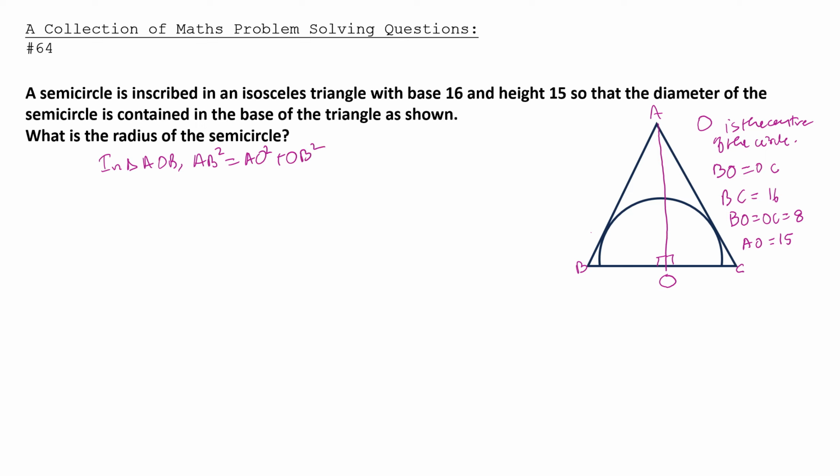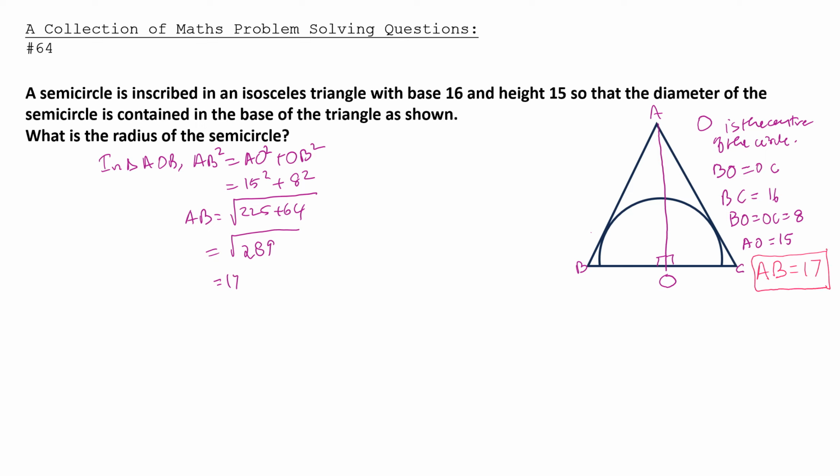So AB square would equal 15 square plus BO is 8, so 8 square. So AB would be the square root of 225 plus 64, that equals 289, and that equals 17. So I get AB equals 17.